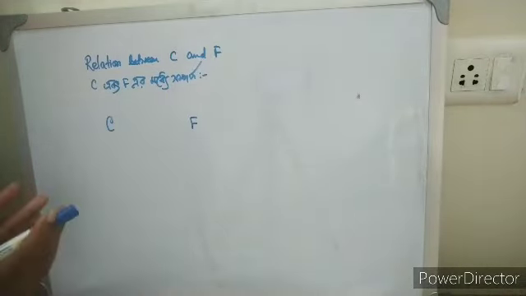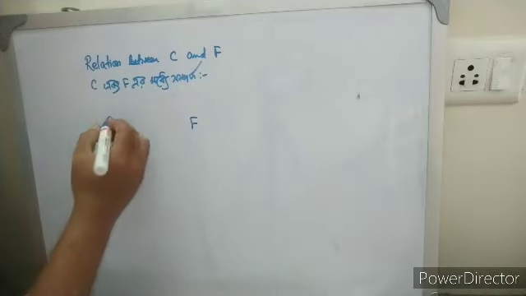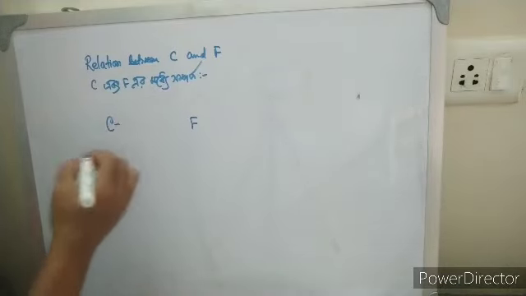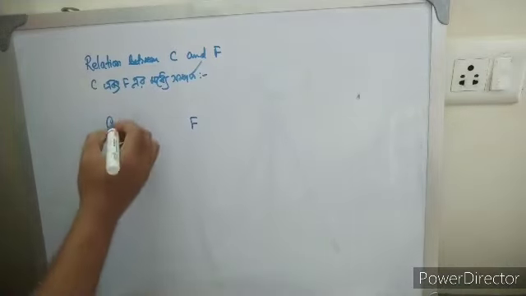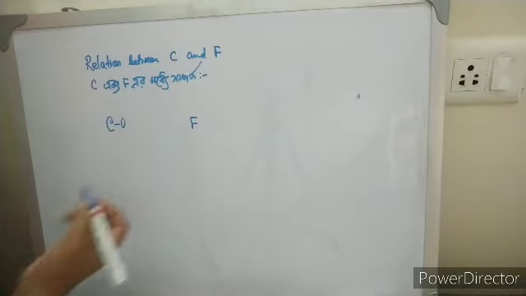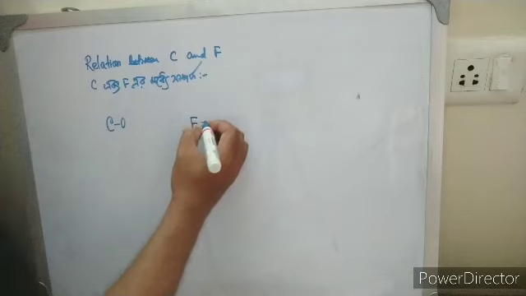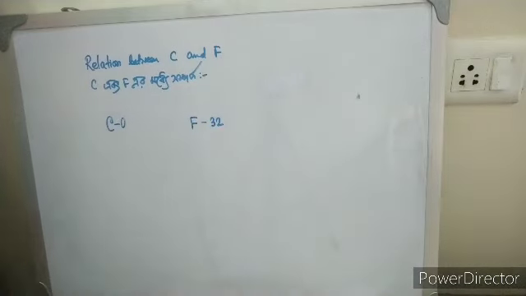Now we have to subtract the lower fixed point from each temperature. So we have C minus 0, because 0 is the lower fixed point of the centigrade scale, and F minus 32, because 32 is the lower fixed point of the Fahrenheit scale.